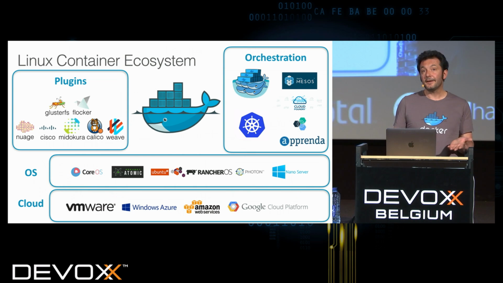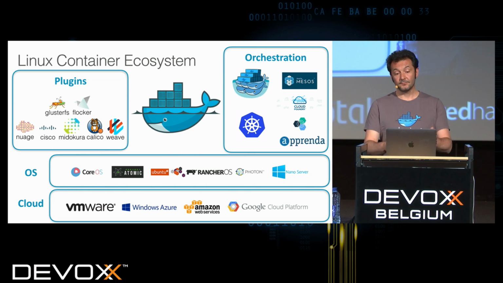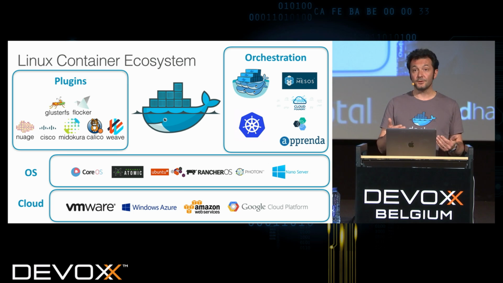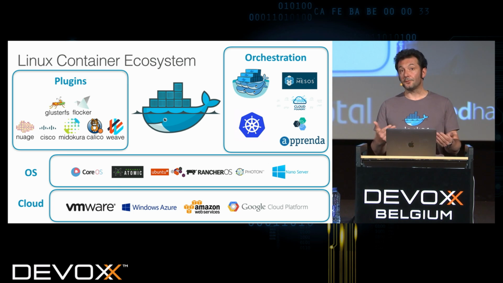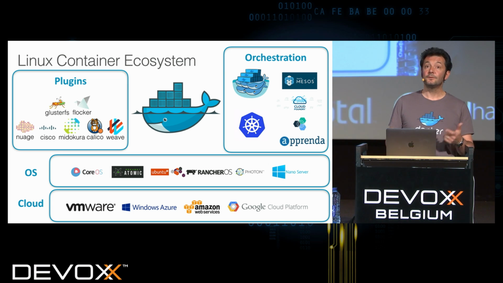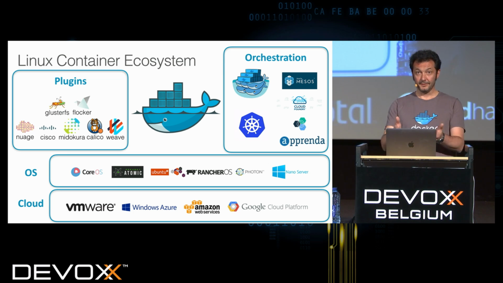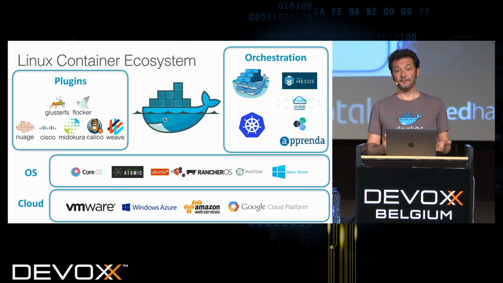So what the new stack looks like in that context is something like this. At the bottom, you have either your cloud or virtualization provider who provides infrastructure for compute, networking, and storage. So here you have VMware, Azure, Amazon, Google, and others, but these are the 4 big ones. Then on top of it, you have the operating system.